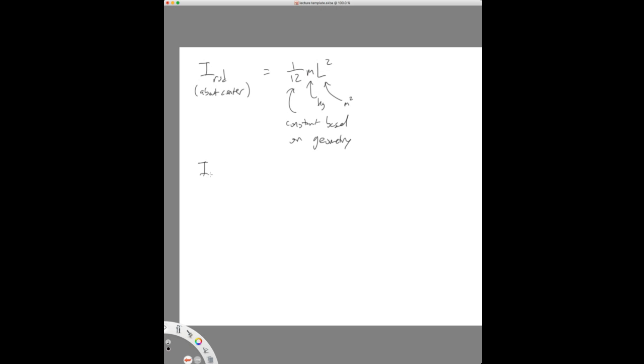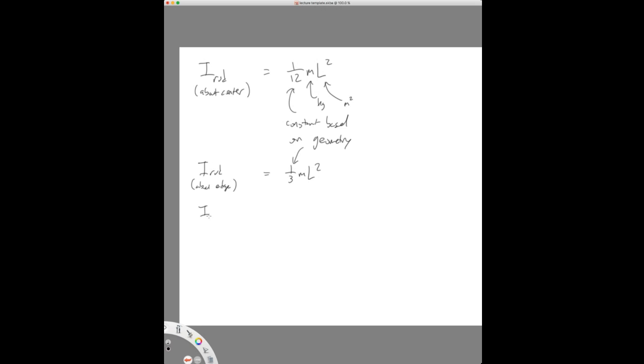If we have a rod about the edge, the formula would be 1/3 ml squared. So that difference between 1/12 and 1/3, that's a factor of 4, meaning it's 4 times harder to rotate the rod from the edge compared to the middle, and that's all because of the geometry, the way the mass is distributed relative to your hand.